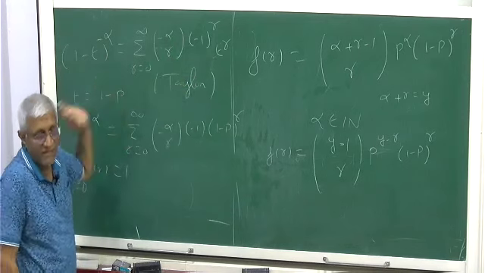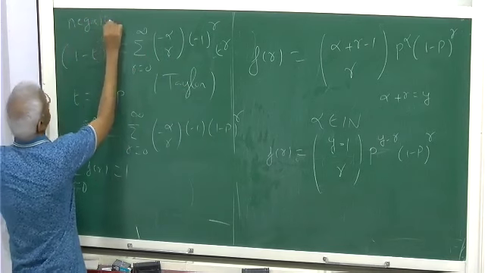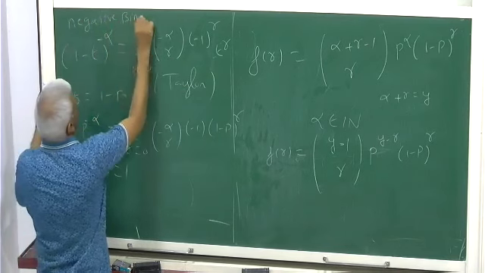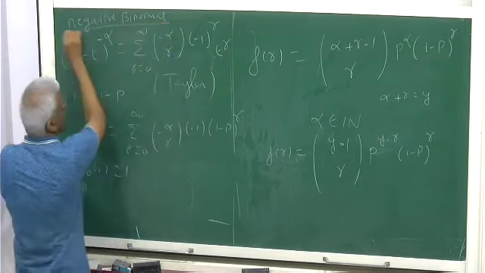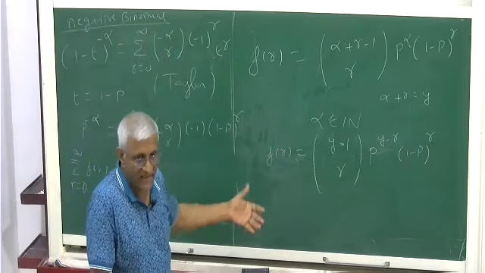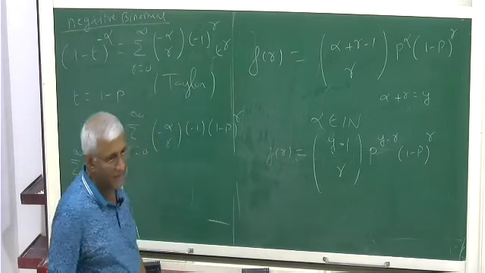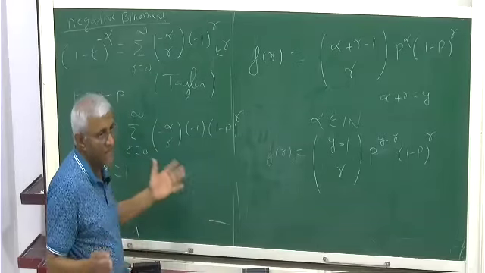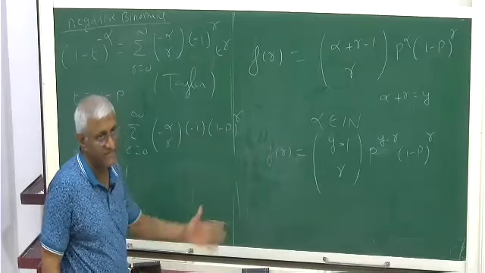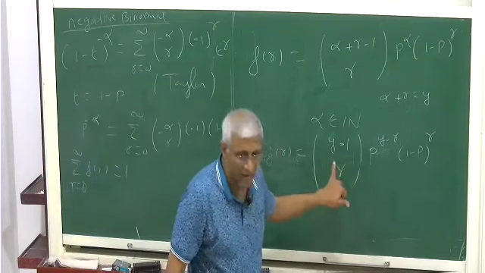This is the definition of negative binomial distribution. And the motivation is generalization of the geometric distribution, where you do tosses and you stop when you get r number of heads. And as I said, here it should be r minus 1.